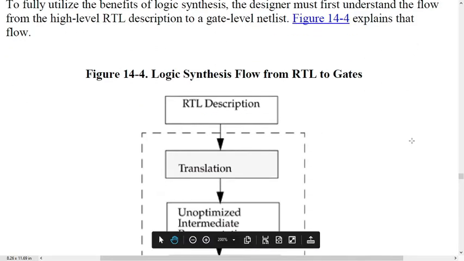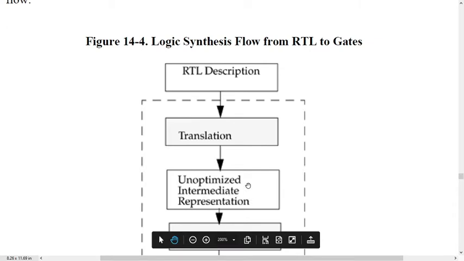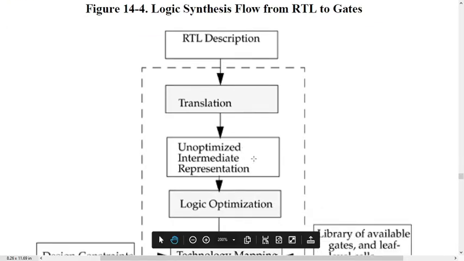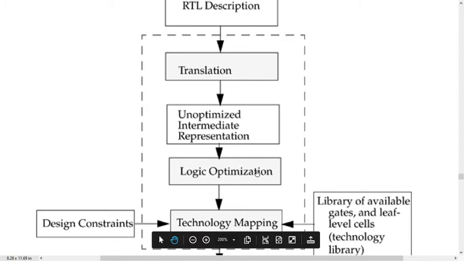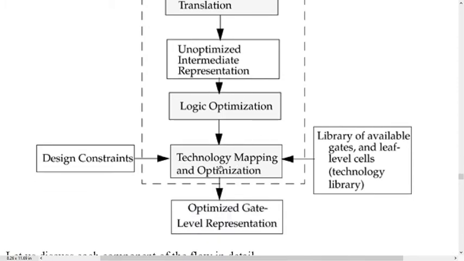Explained as follows. We will have the RTL description that I need to translate, and the outcome of translation is an unoptimized intermediate representation, which means that I need to go for logic optimization. While doing logic optimization, it supports technology mapping, and to check whether it is optimized, I need to check with my libraries and my design constraints.